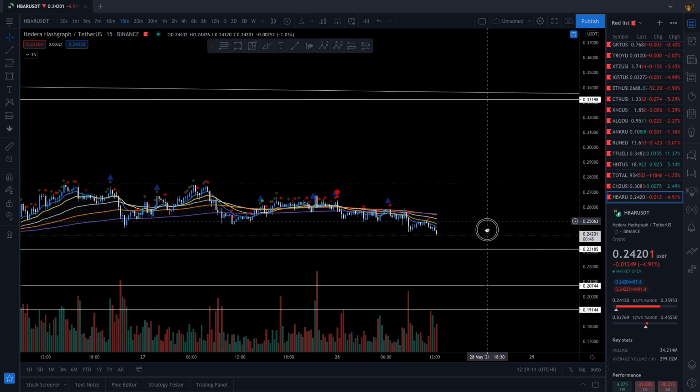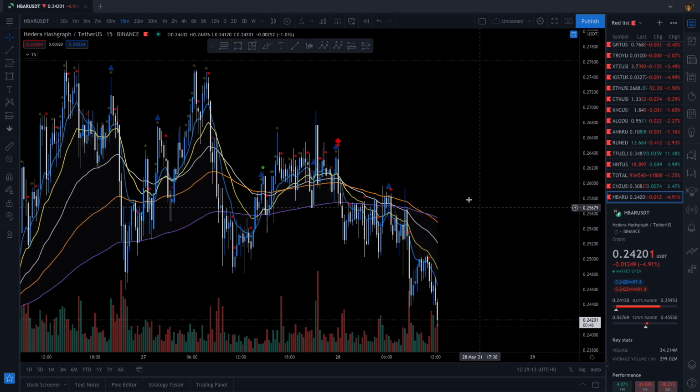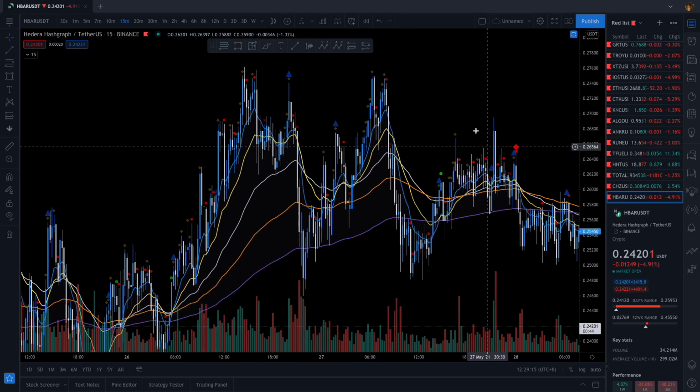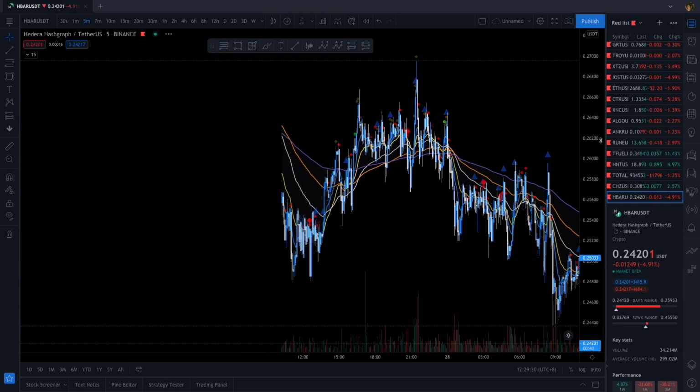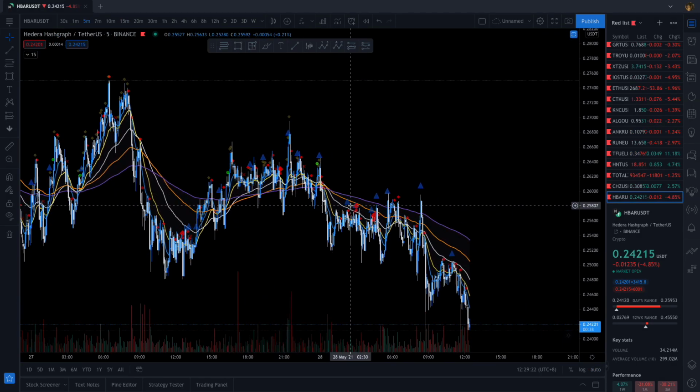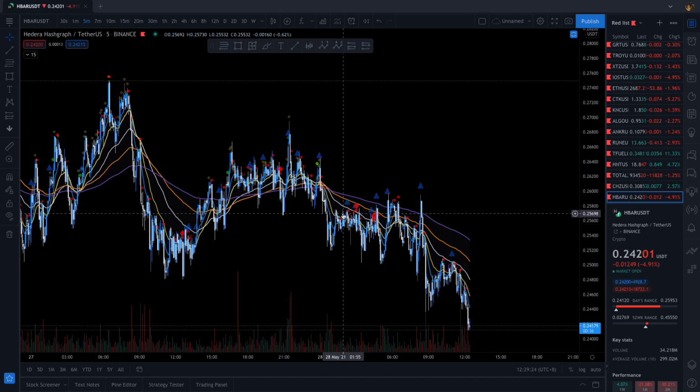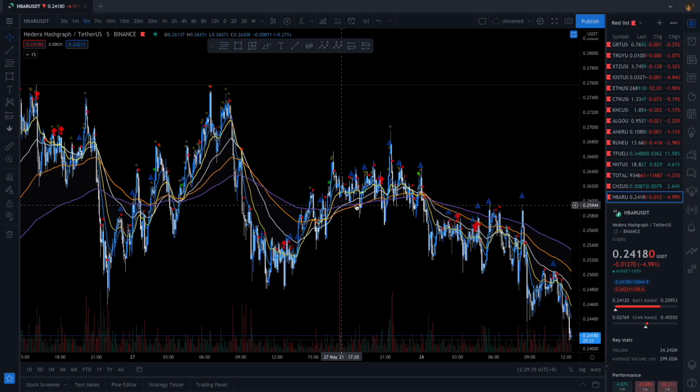But I do not want you to get mistaken that you should only be using higher time frame EMAs to do your trading, because that is not true. Even if I just go onto the 5-minute chart, you can see that price tended to find a lot of rejection. You could have traded all of these coins based on these EMAs. On the 50 EMA, look, rejected. 200 EMA, rejected.